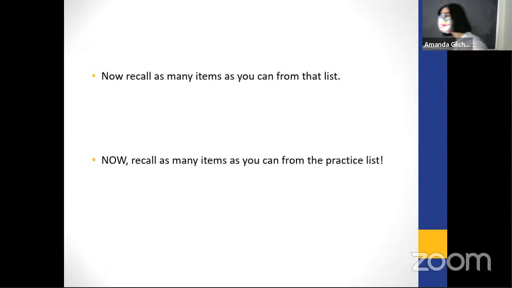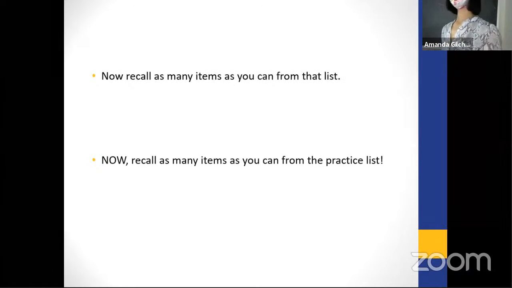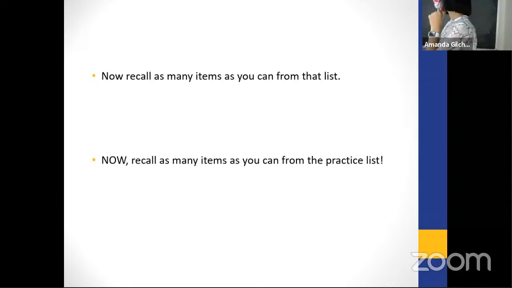So what we actually did is called the directed forgetting procedure. We call it that because it works. If I tell you you aren't going to be tested on something, you tend to forget about it. It's why you will very rarely hear me say I'm not going to test you on this, because if I say that, y'all won't remember it.